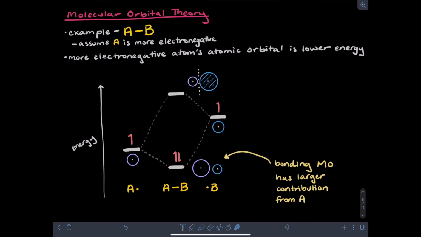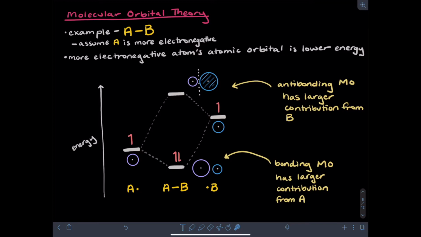Notice that I have to have a node through the middle of my molecule where I switch from shaded to unshaded. Also notice that I've drawn the lobe on B as larger than the lobe on A. This is because my antibonding molecular orbital is closer in energy to B than it is to A.